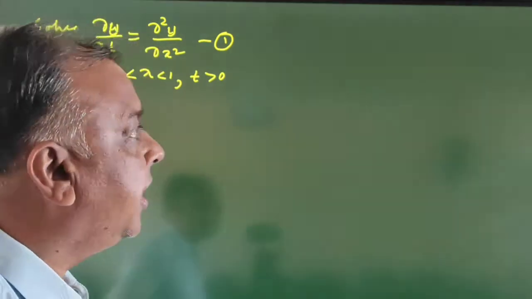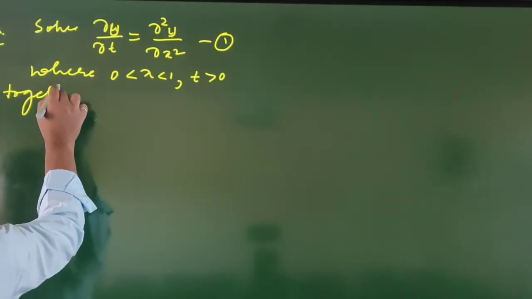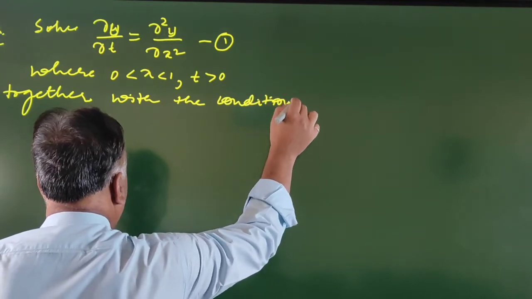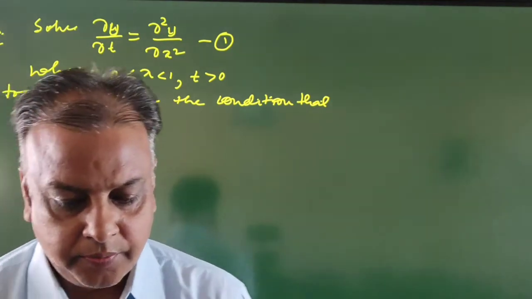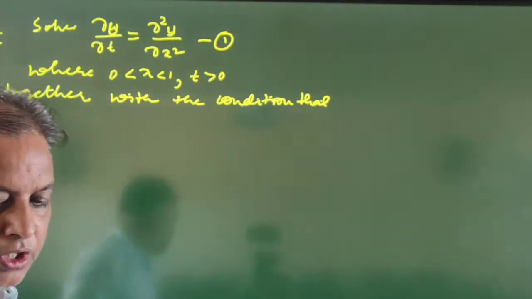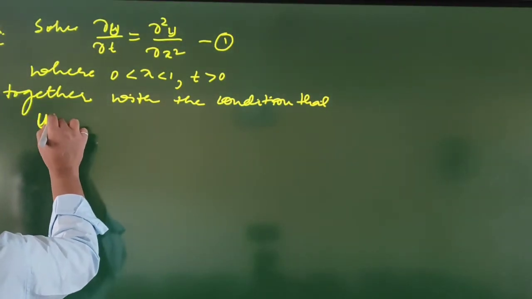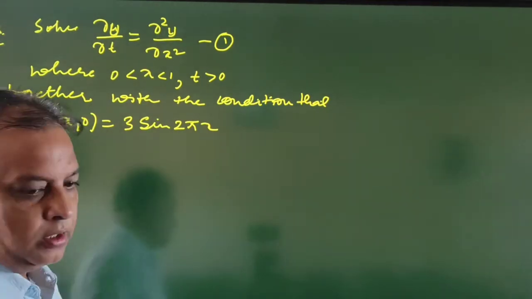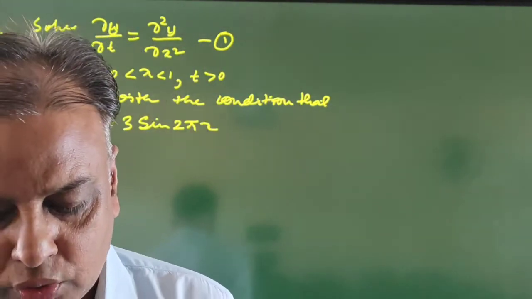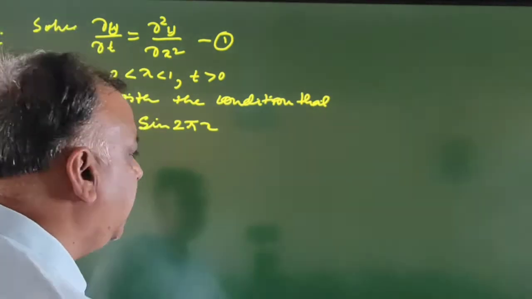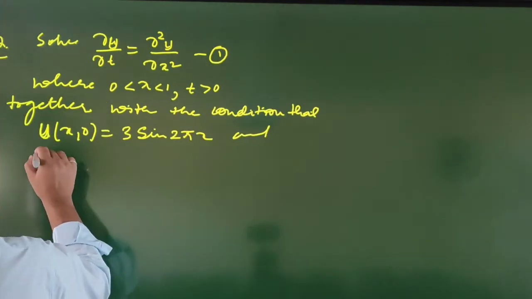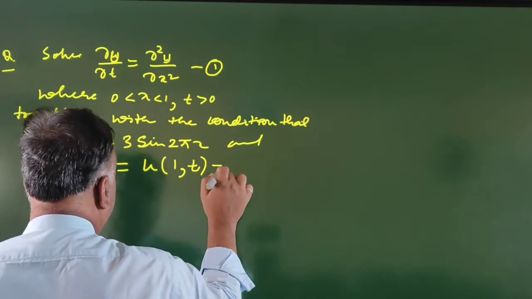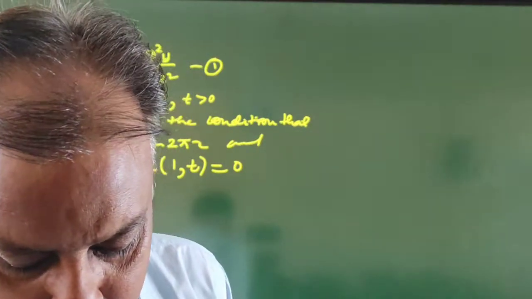It is given together with the conditions that u(x,0) = 3 sin 2πx, and u(0,t) = u(1,t) = 0.